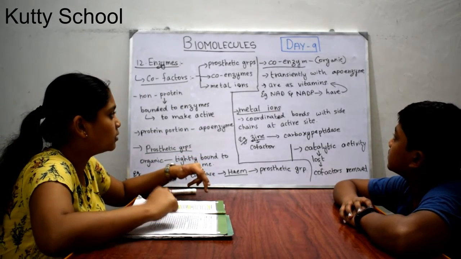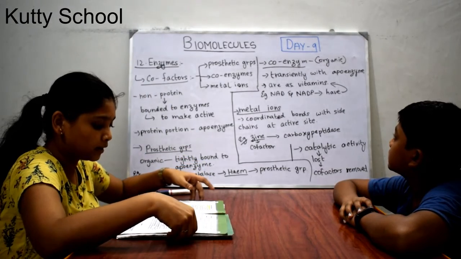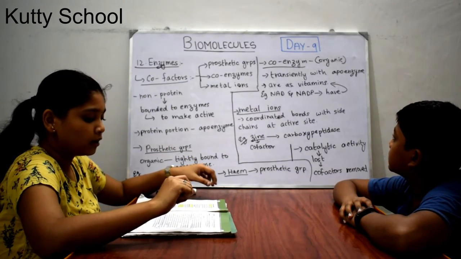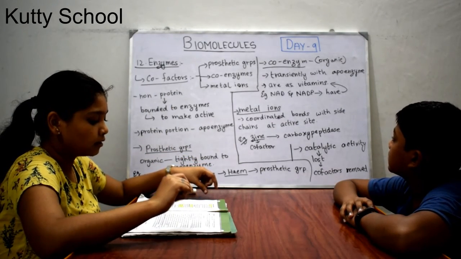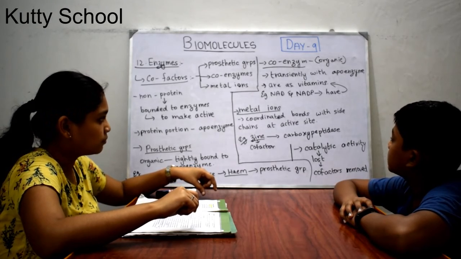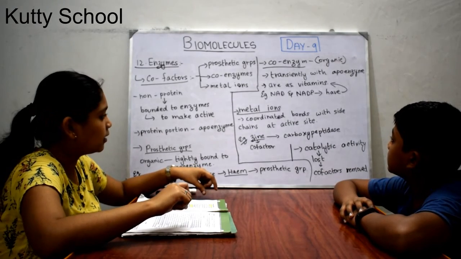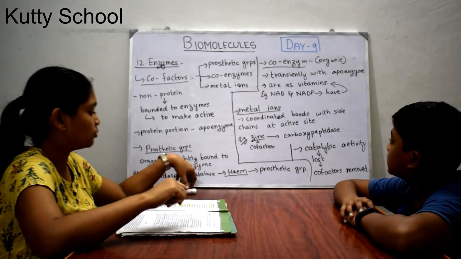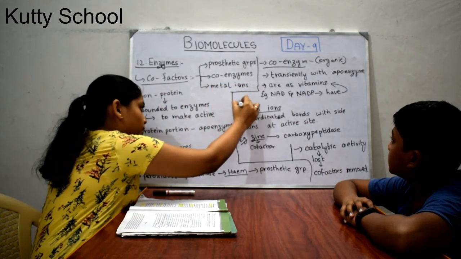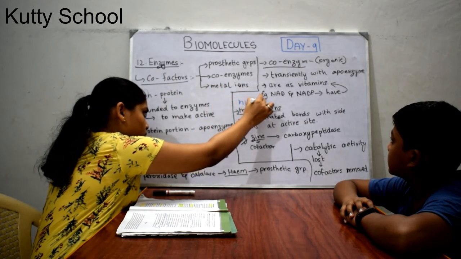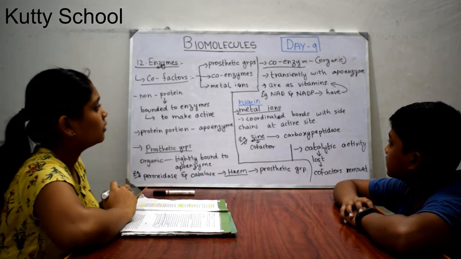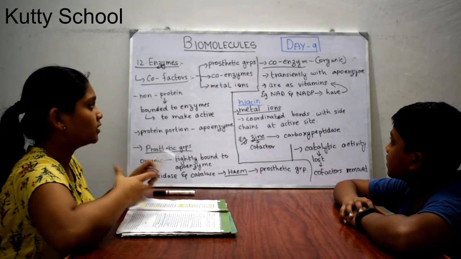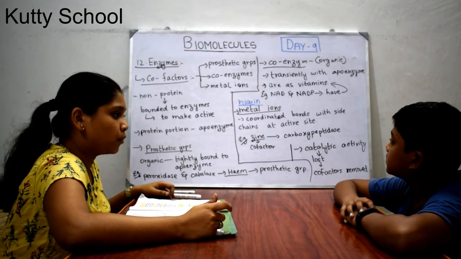Example, NAD, which is nicotinamide adenine dinucleotide. NAD and NADP contain the vitamin niacin in them. It is very important. They increase the potential of the apoenzyme.